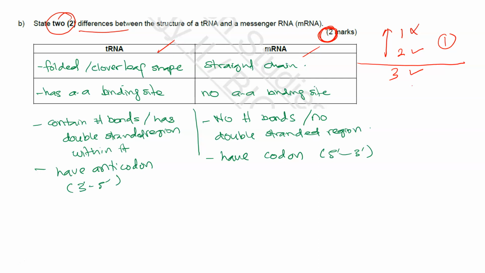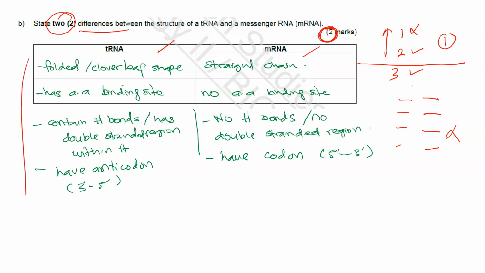Sebab pemeriksa nak memastikan you all faham ke tak apa yang you all jawab ni. Bukan main teka je. Okay, tekaan pertama salah, tekaan kedua salah, ketiga dan keempat betul. Okay, so you must precisely know what you are answering. Macam tu.